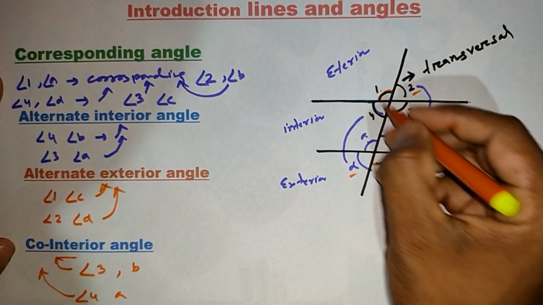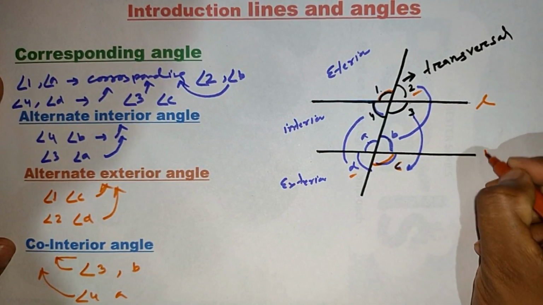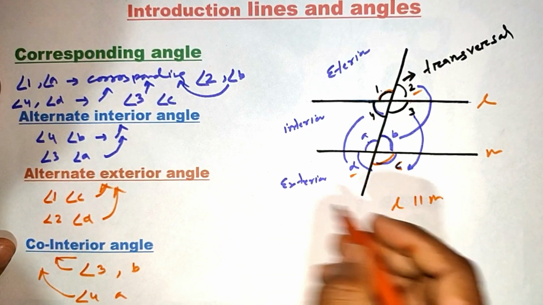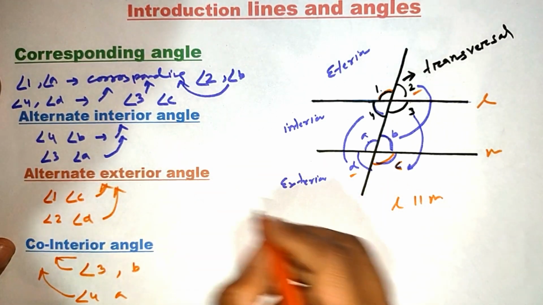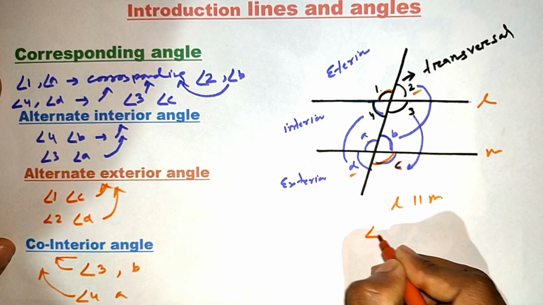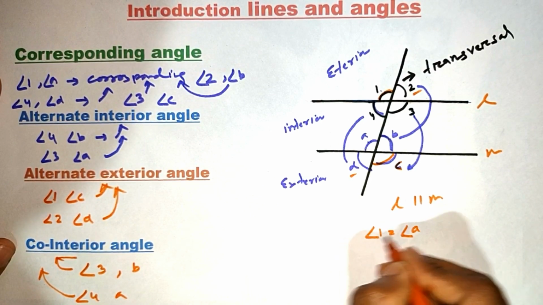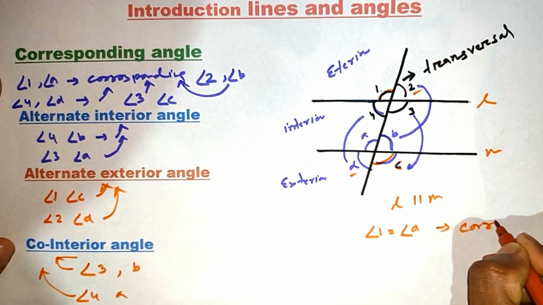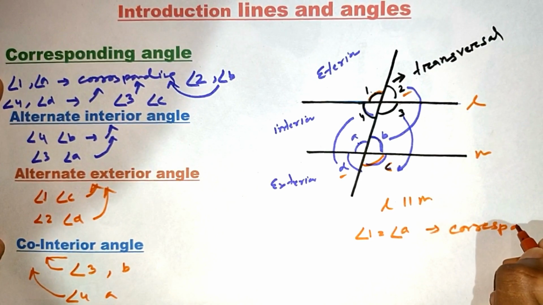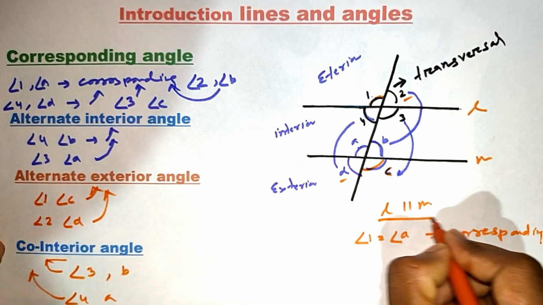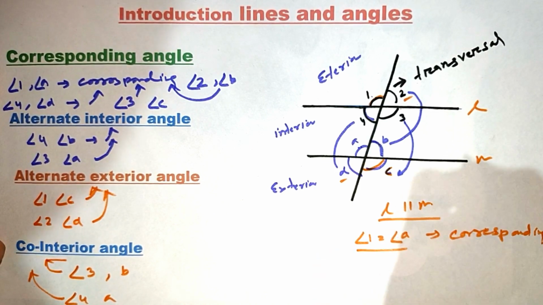When our lines are parallel, suppose this is L and this is M, so L is parallel to M, then all corresponding angles are equal. So 1 is equal to A. Again I am telling, when the lines are parallel, the corresponding angles are equal.